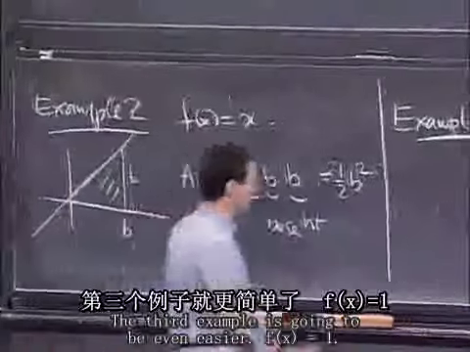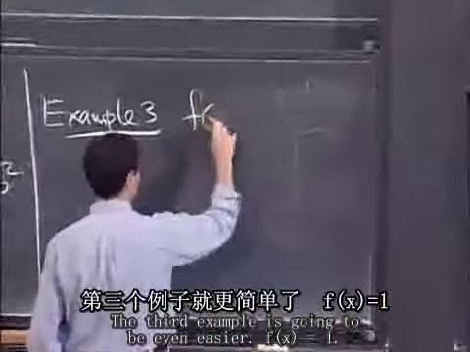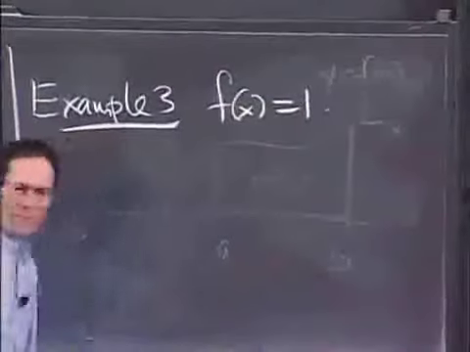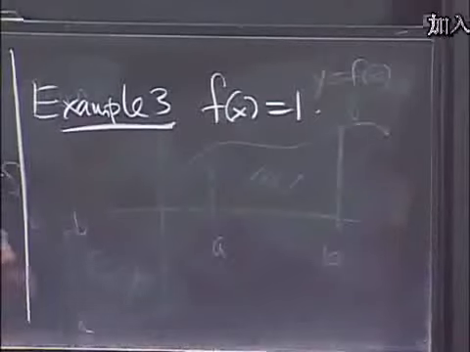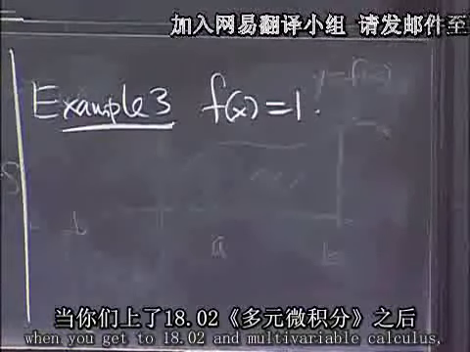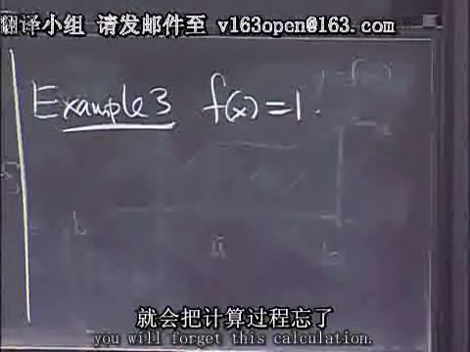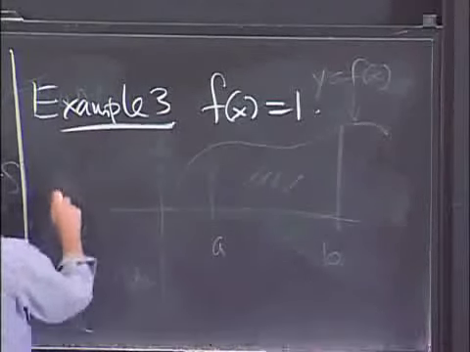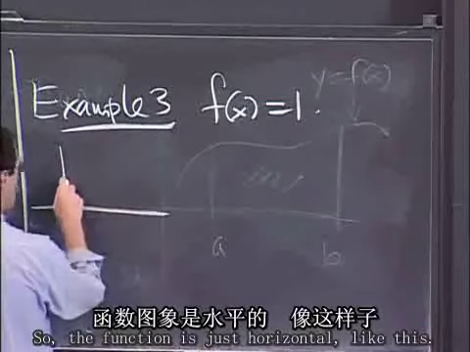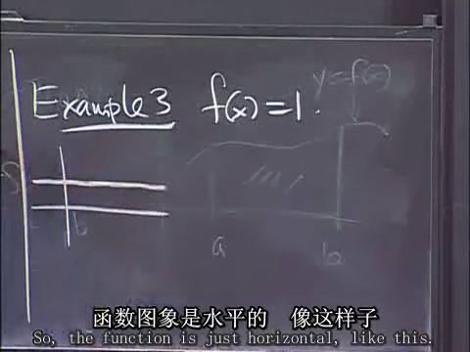The third example is going to be even easier. f of x is equal to 1, by far the most important example. Remarkably, when you get to 18.02 in multivariable calculus, you will forget this calculation somehow. And I don't know why, but it happens to everybody. So the function is just horizontal like this, right?